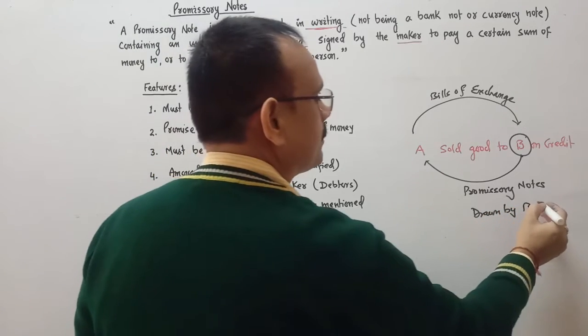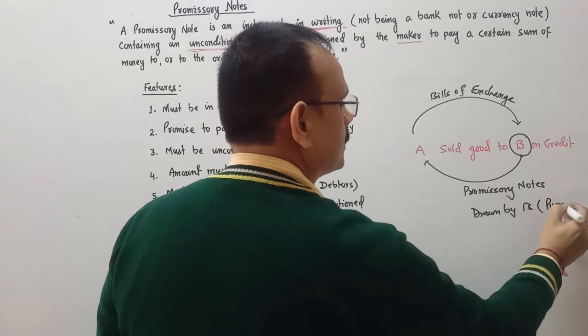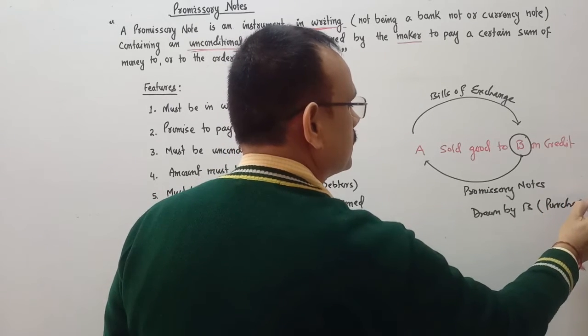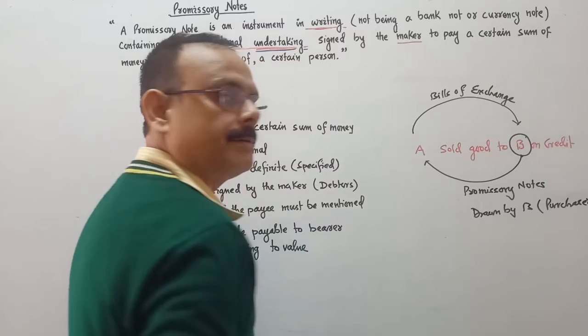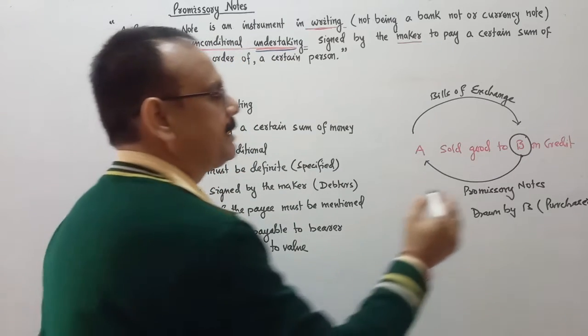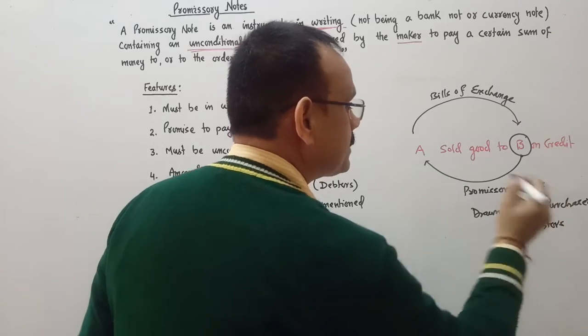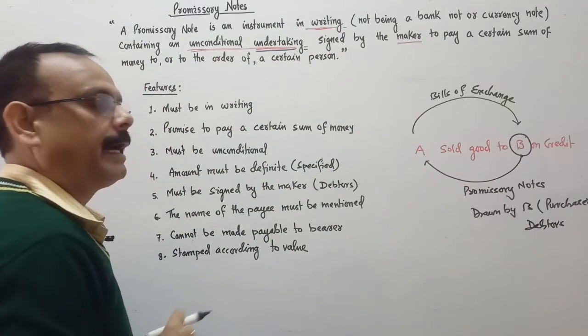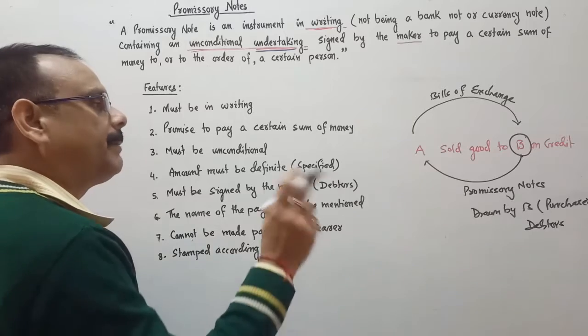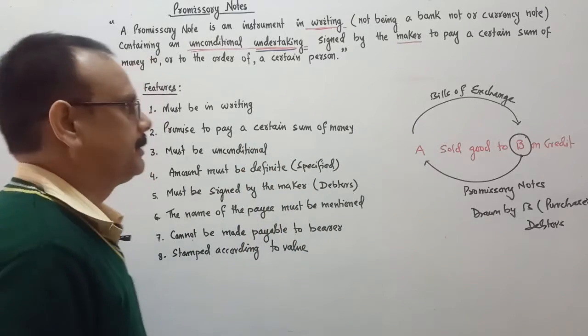B is the purchaser, the debtor. So here the debtor draws the bill and promises to pay the seller on time.